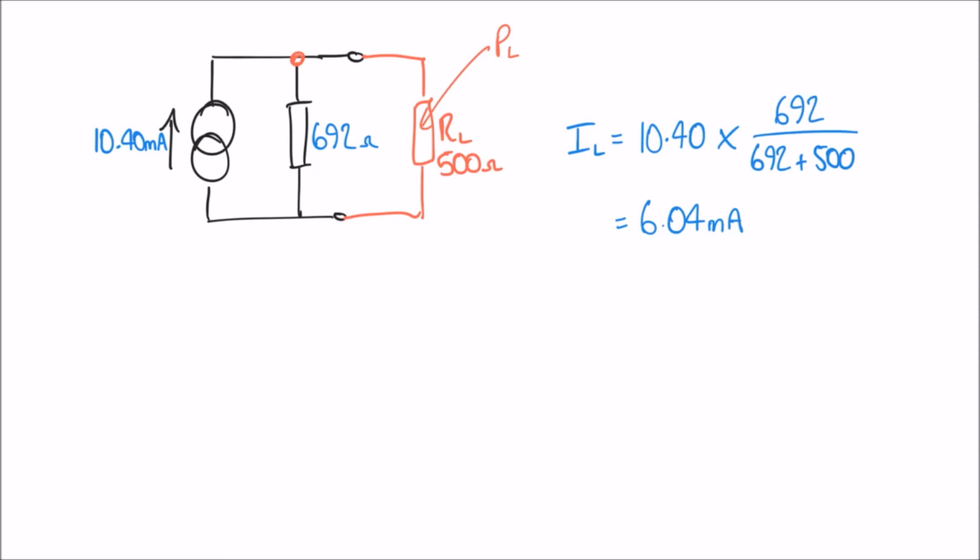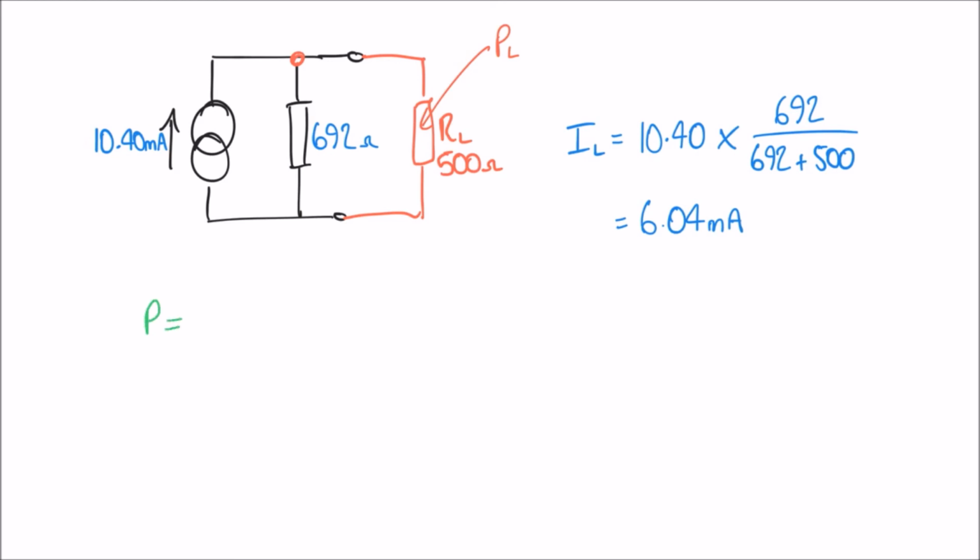So finally, now that I know the current going through this resistor, RL, I can work out the power in that resistor, RL. The reason I can do that is because we are familiar with the formula that we looked at in the previous video on Thevenin's theorem.